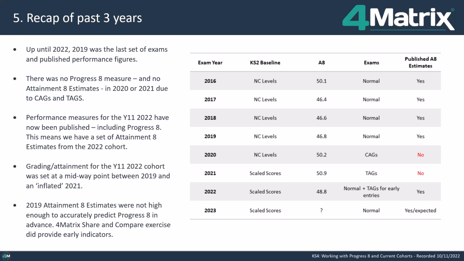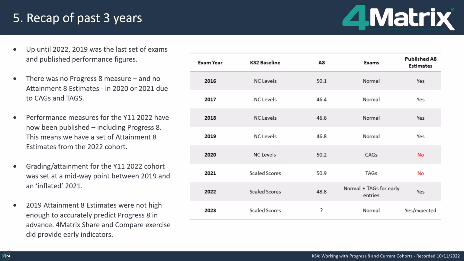The grading attainment for the year 11's 2022 cohort was set as a midway point between 2019 and an inflated 2021. This was because the DfE were trying to bring results back into line with pre-pandemic results.